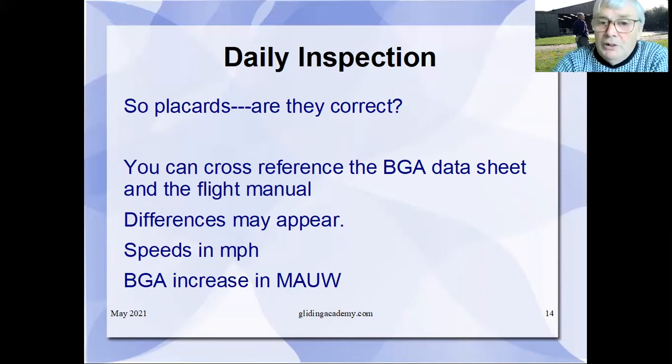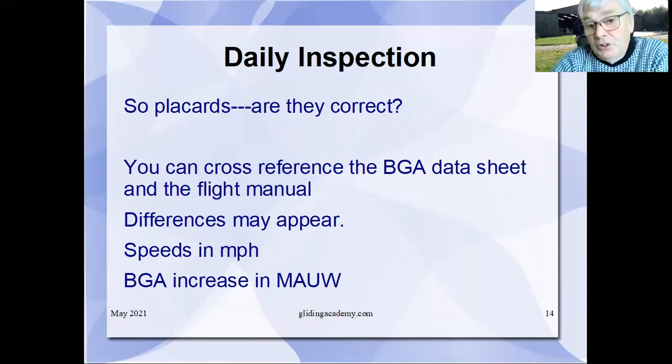The maximum all-up weight should be shown clearly. Any matters for centre of gravity adjustment and so on should be clearly displayed in the cockpit. If you can't read them, or they're illegible, or they're incorrect, then you need to stop the DI there because the aircraft isn't serviceable.